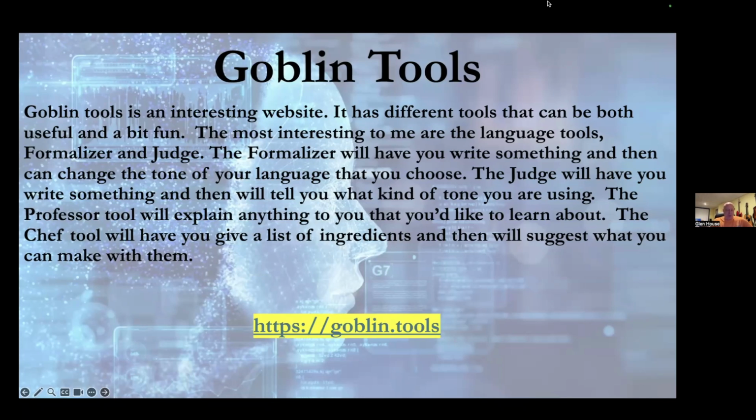The Judge will have you write something, and it'll tell you what kind of tone you're using. How are you coming across? Another one of the tools is Professor. It'll explain anything you want. They've got in there a chef tool. If you give it a list of ingredients that you have, it'll tell you what you can make with them. So it just has some interesting tools.